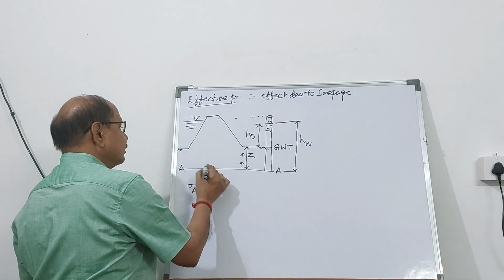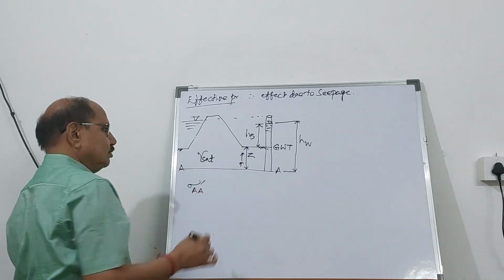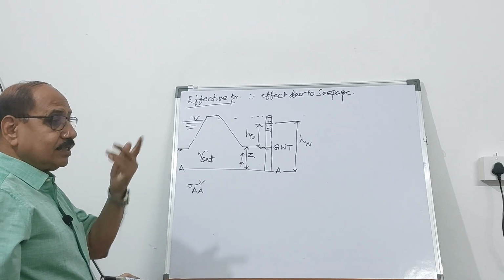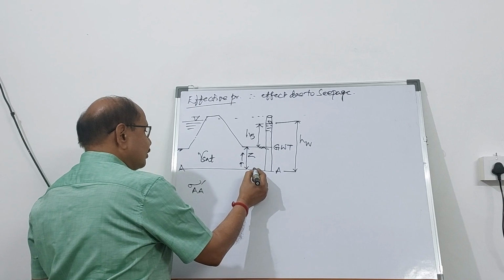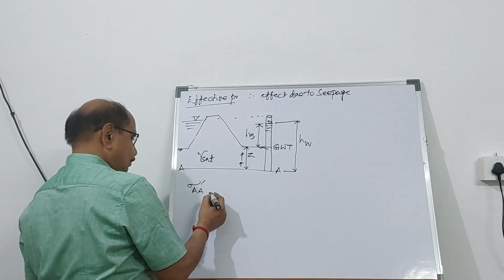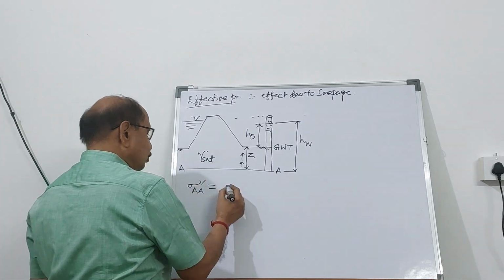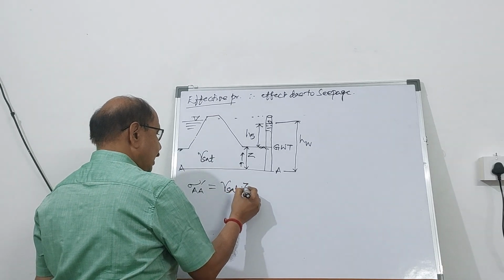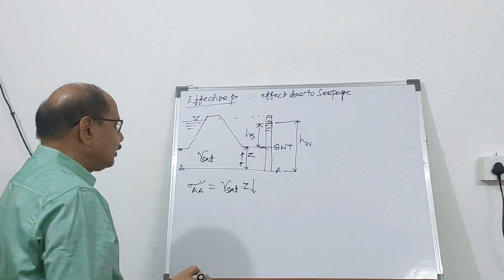So if I want to find out the effective pressure at A, and if I know the saturated unit weight of the soil mass in kilonewton per cubic meter, then the effective stress or effective pressure at this level will be equal to gamma saturated, the unit weight, into Z. This is acting in the downward direction, the total weight.